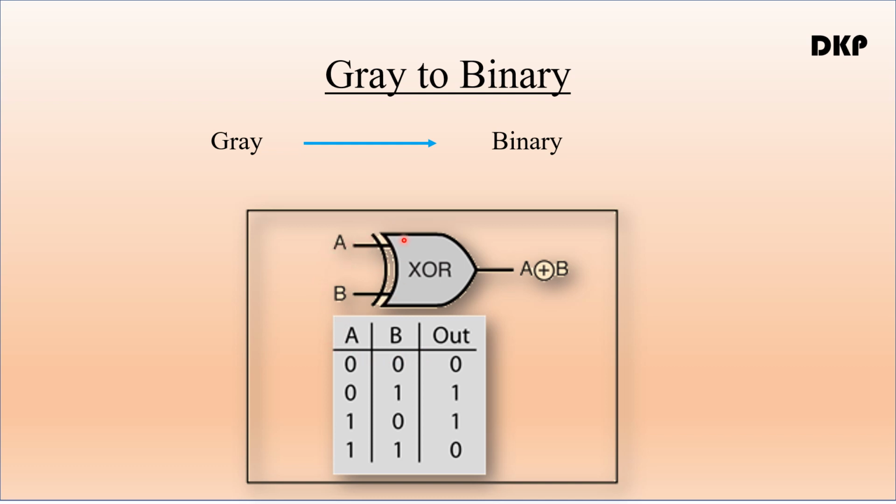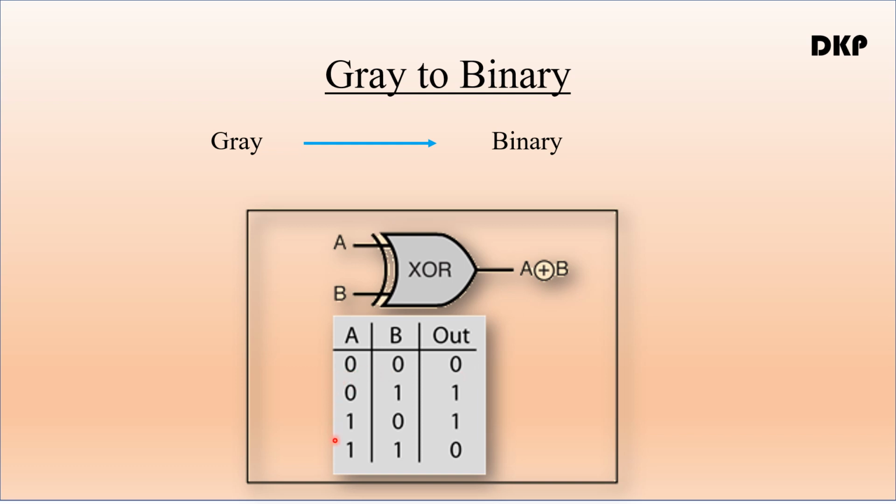When you give two similar inputs to the XOR gate like 0 0 or 1 1, you get the output as 0. Suppose A is equal to 0, B equal to 0, the output is 0. Suppose A equal to 1, B equal to 1, the output is 0.